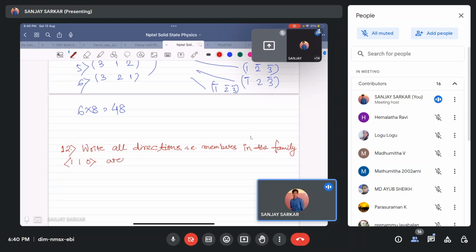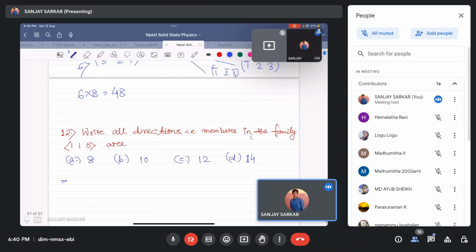So this is the same thing you need to do for 110, and there will be fewer combinations because here two of the numbers are similar. So option A is 8, option B is 10, option C is 12, and option D is 14. So calculate this and let me know.